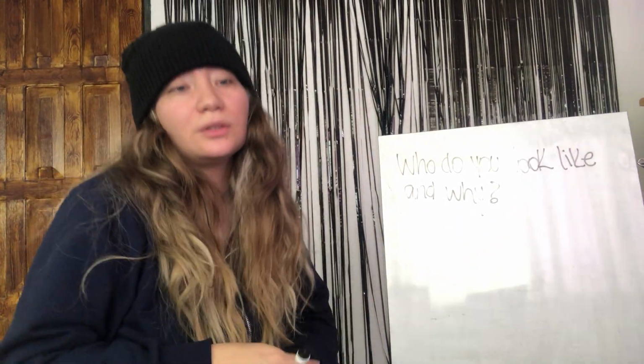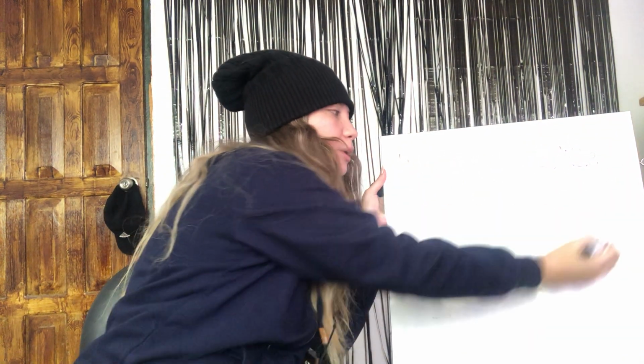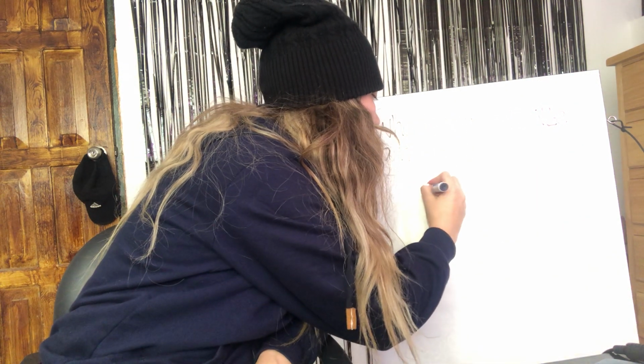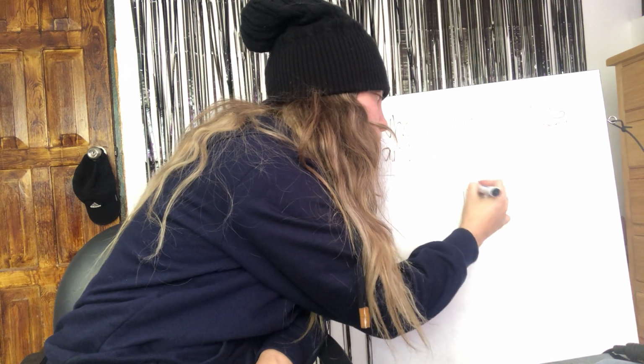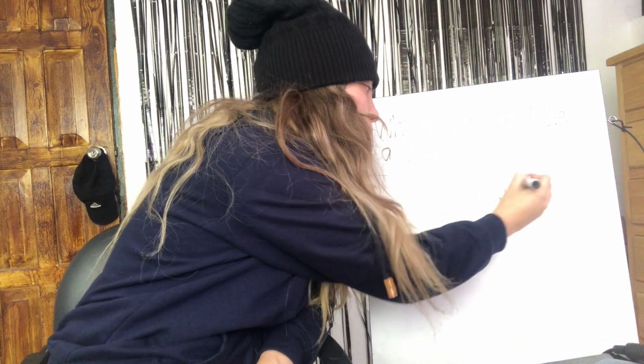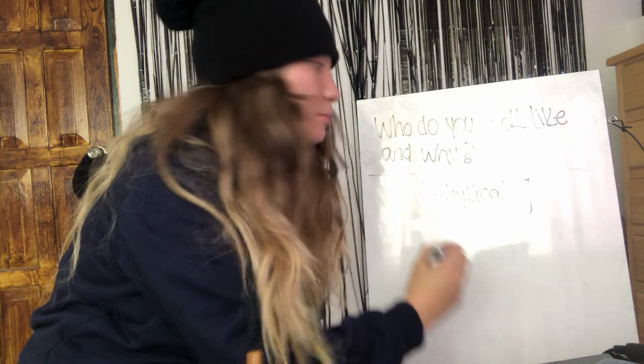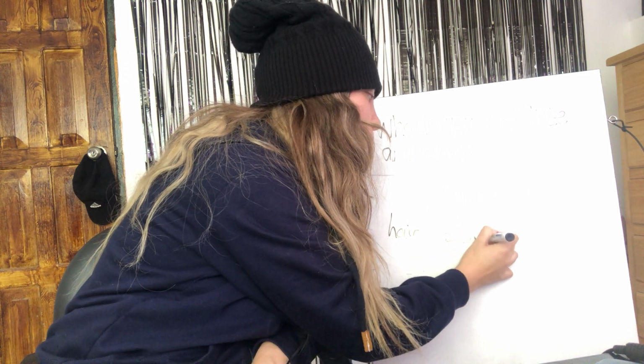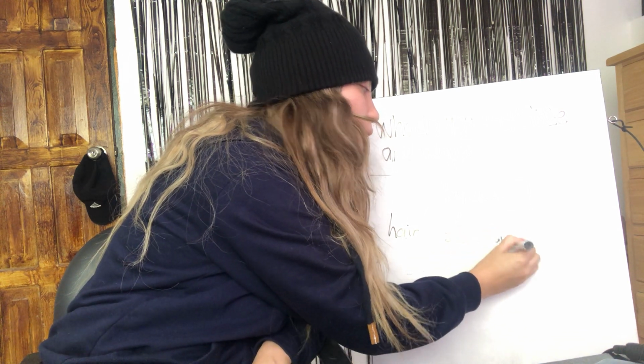Okay, while you do this activity, I want you to remember that if we talk about people and personalities, we have to talk about physical aspect, and in physical aspect we have hair, we have skin tone, we have what else?